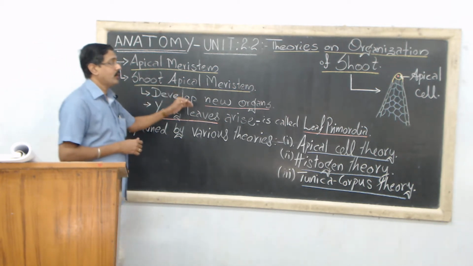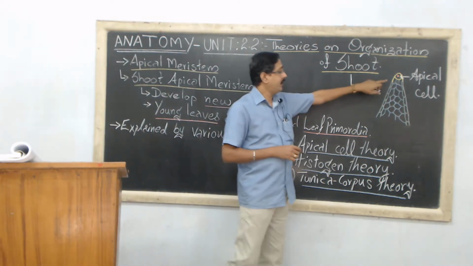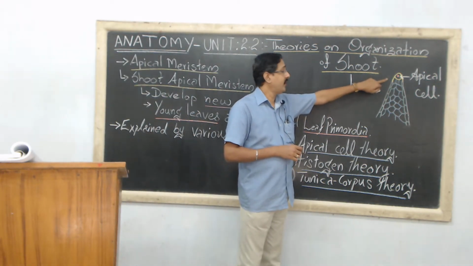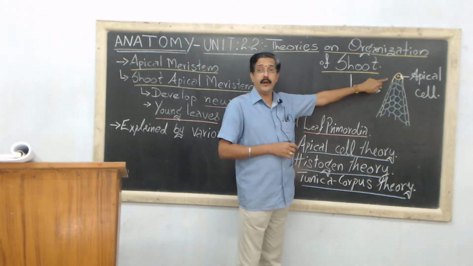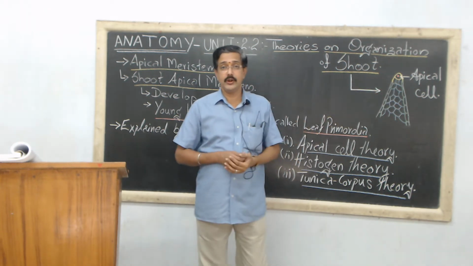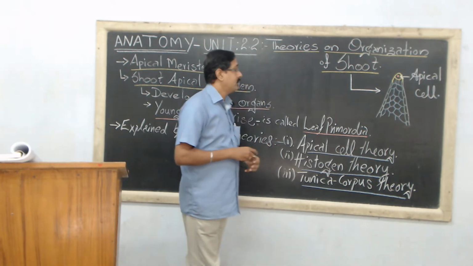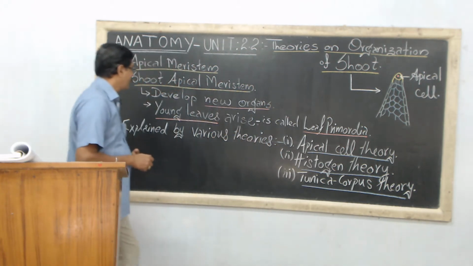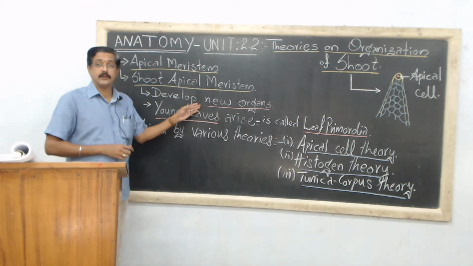And this shoot apical meristem, here in this diagram you can see, is with an apical single cell, and this single cell shows multiplication and thereby develops new organs.